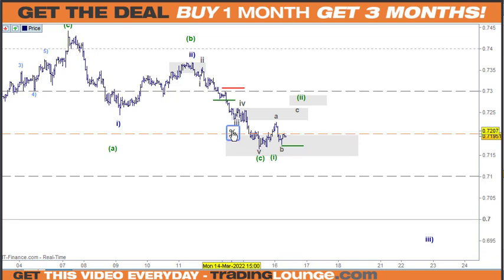Now, the idea of taking a percentage off at the 72 was for us to be able to leave the stop out of the way up here. So you either take all the money off, or you take a percentage off, and we'll leave the stop up there. Now, of course, if we get a move up to this point here, and then it starts to look down at that point, then we'll move that stop over to this point. And then we've got to look to build back in over here as well. So we might look for a better short trade entry up here, but at the moment, this is where we're up to.